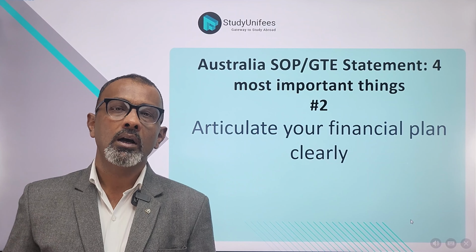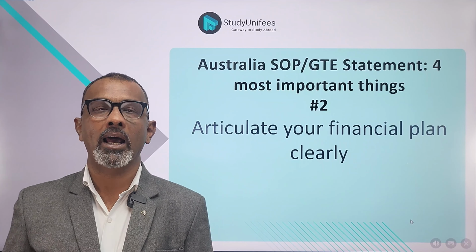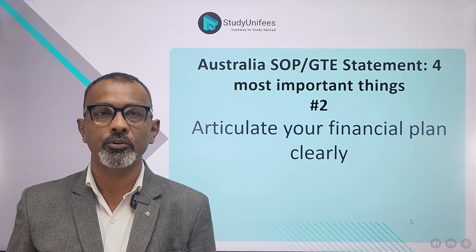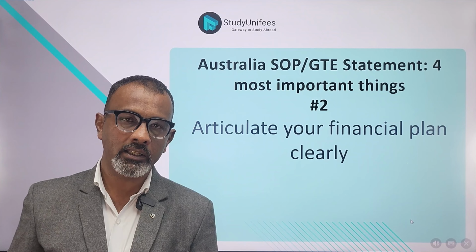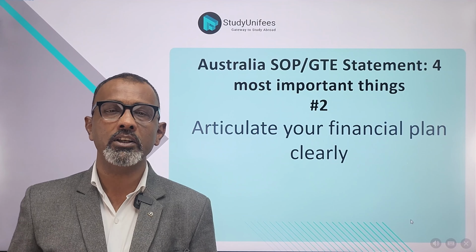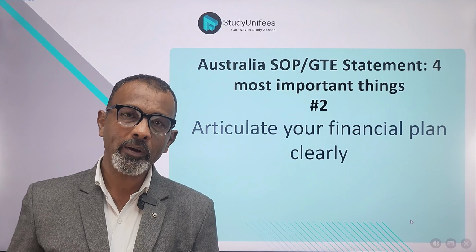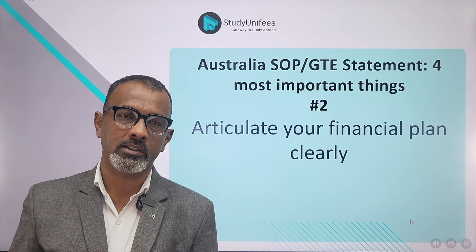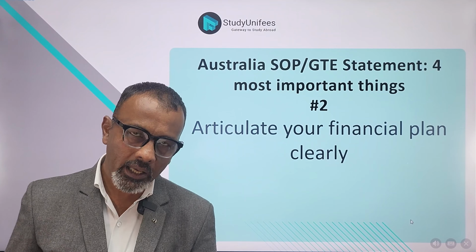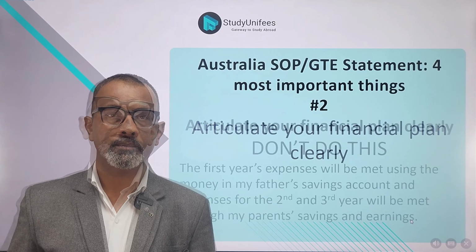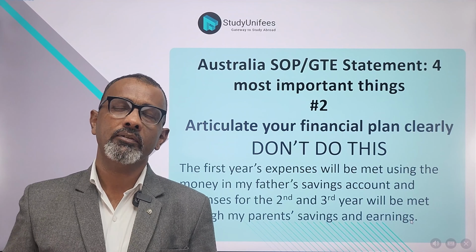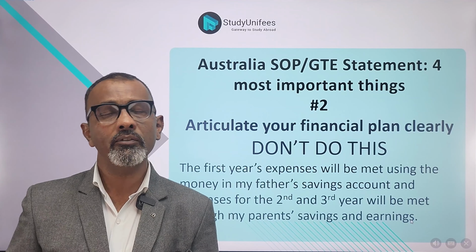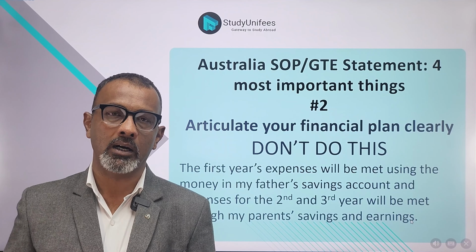Number 2, articulate your financial plan clearly. This is another mistake that many students make, not just while writing their SOP, but also in their GTE statement. You should be very clear about how all the expenses that pertain to your entire course are going to be met. It is not enough to say that the first year's expenses will be met with the money put aside in your father's or mother's savings bank account.